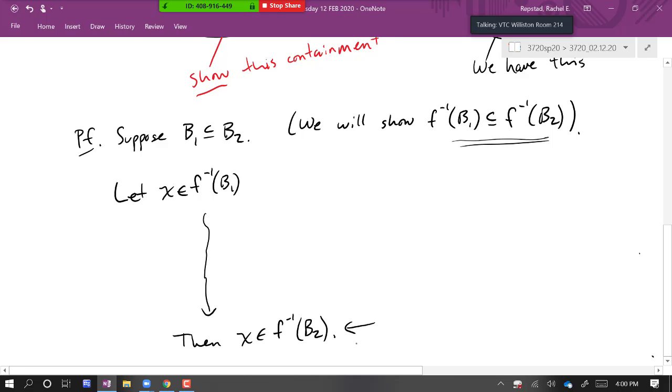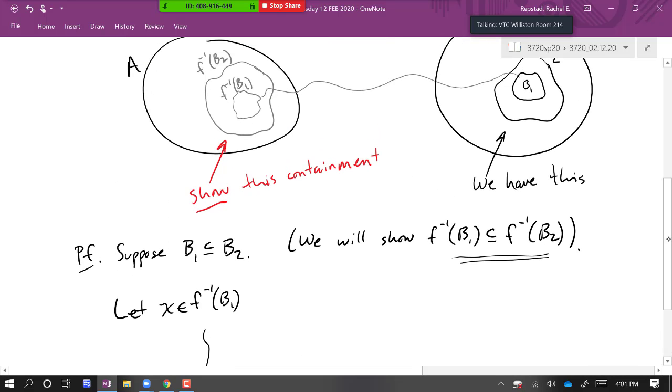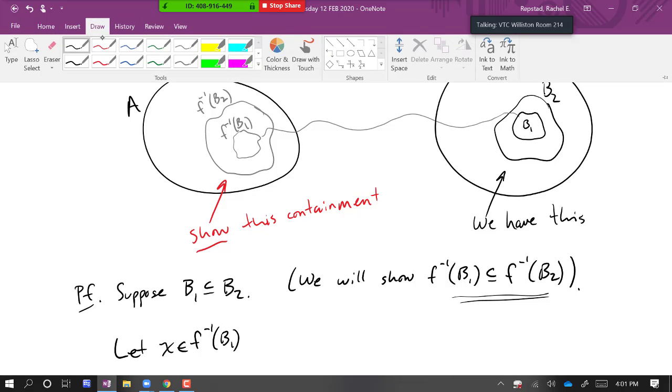We're just going to use the definition of preimage, using nothing more than what it means to be in the preimage of a set. It's in B? Actually, no, it's definitely not going to be in B, because if it's in the preimage of B1, it's got to exist over here in A.